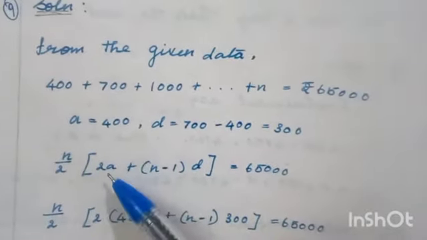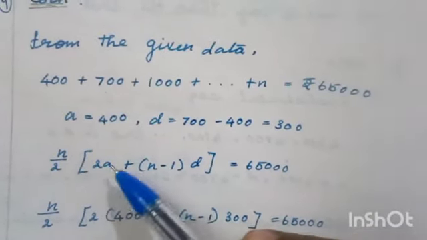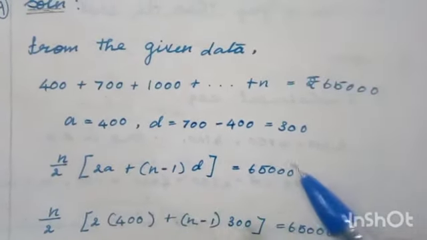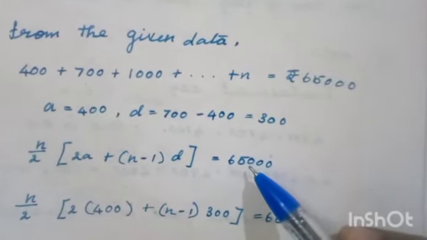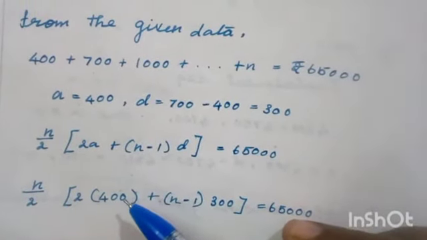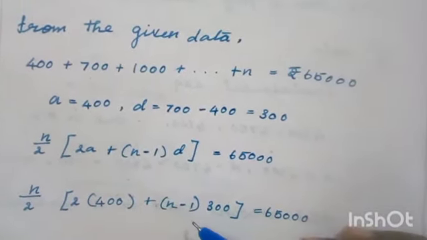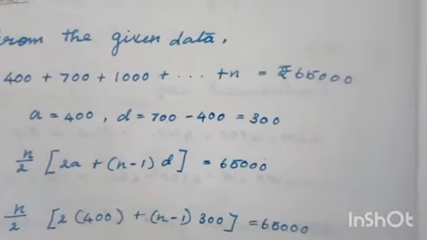We know the formula sum to n terms, that is equal to n by 2 into 2a plus n minus 1 into d, equal to the total amount given, that is 65,000. So n by 2 into 2 times 400, plus n minus 1 into 300, equal to 65,000.